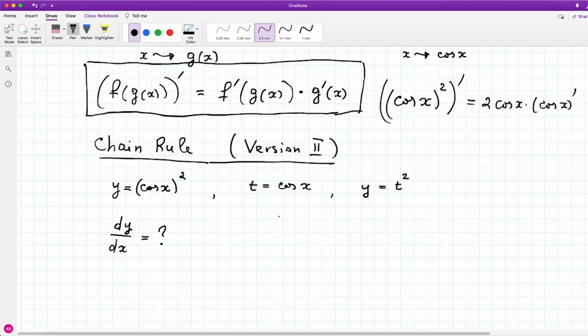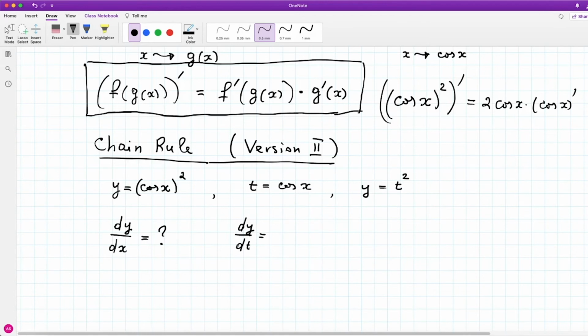Now, what we're saying by introducing the intermediate variable t is that our variable y actually depends on the variable t, and the variable t in turn depends on the variable x. And so we can calculate the derivative of y with respect to t.